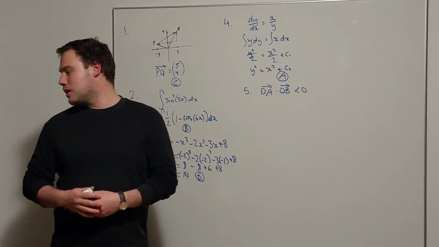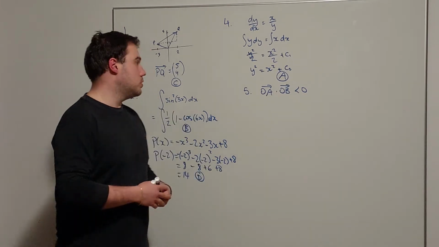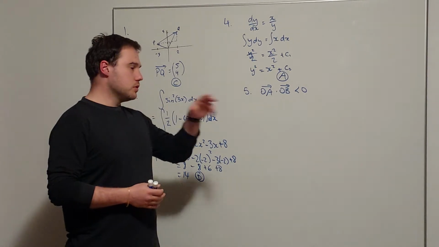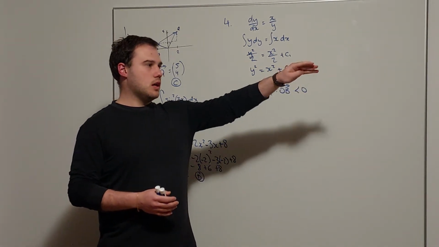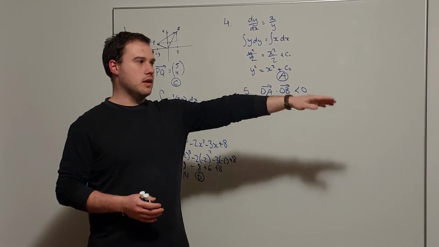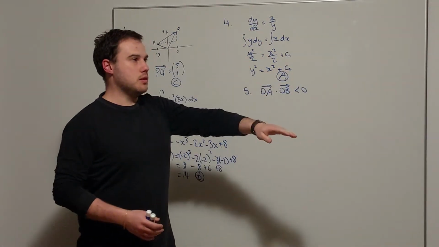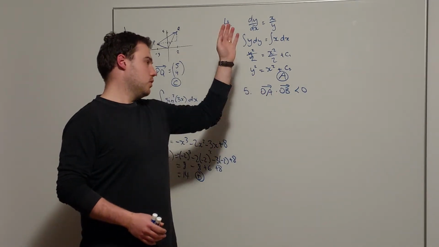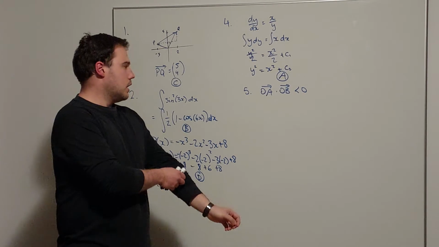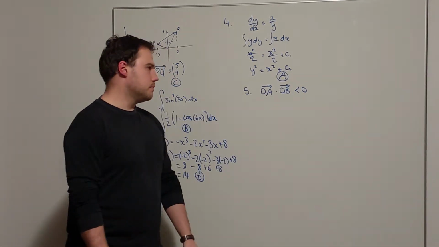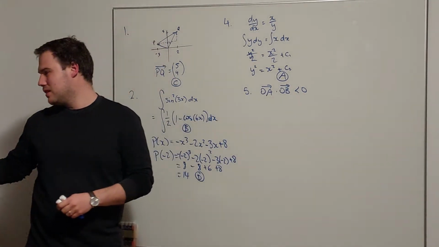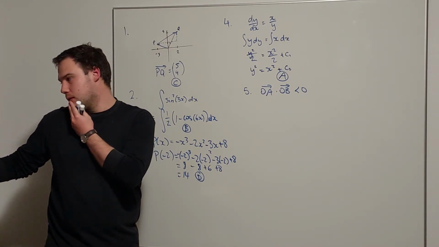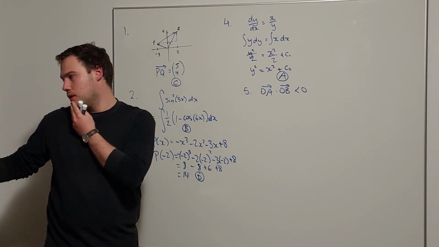Option B, the angle between OA and OB is obtuse, so that's going to be the correct answer, because the dot product will be 1 if they're aligned, negative 1 if they're opposite. It'll be positive if they're between 0 and 90 degrees, and negative if it's between 90 degrees and 180, which is obtuse. Just to go through the other ones, C, the magnitude of OA times the magnitude of OB is negative.